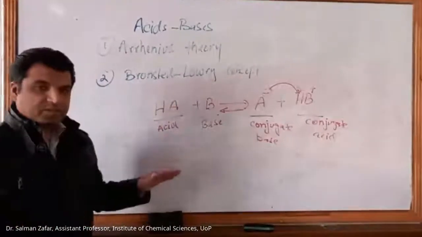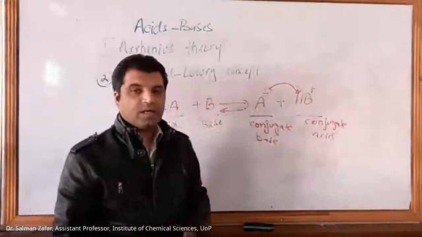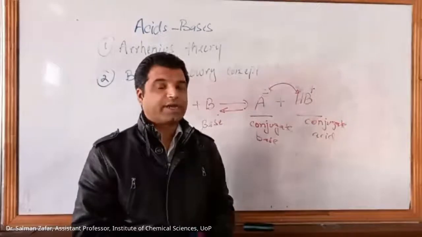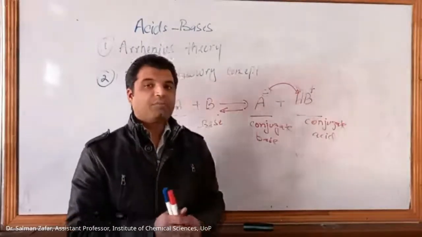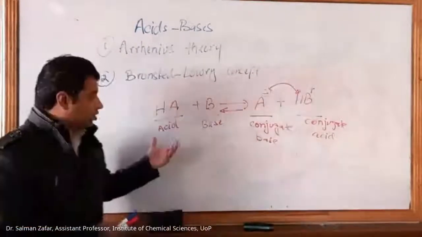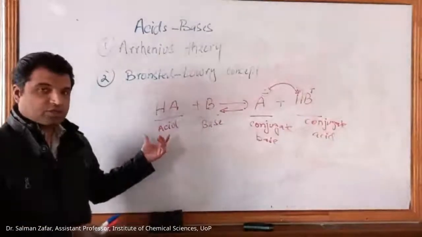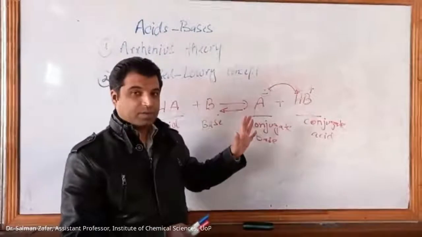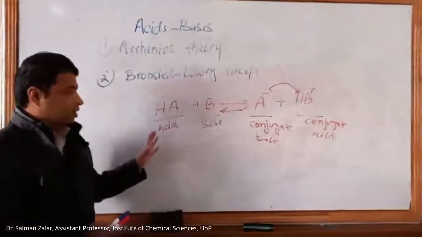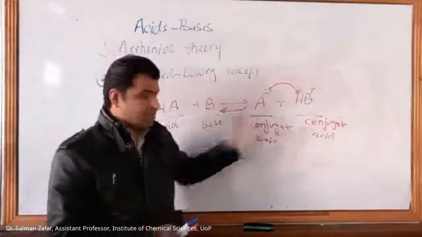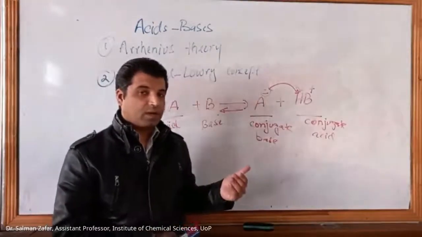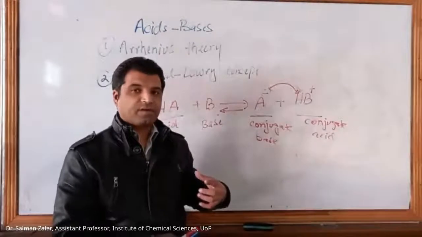On the other hand, if we have a weak acid, its conjugate base will be strong. So a weak acid means that any acid that is reluctant to donate a hydrogen ion. It will donate a hydrogen ion, but reluctantly. So it dissociates into hydrogen ion and an anion here, but it's not happy because it's a weak acid. So the anion that is produced as a result would automatically be highly reactive.